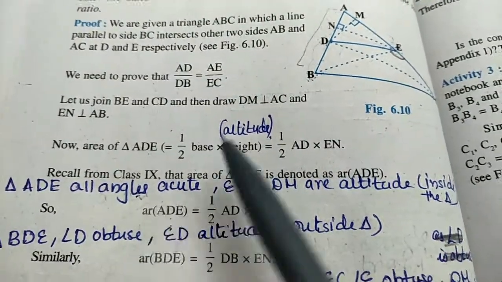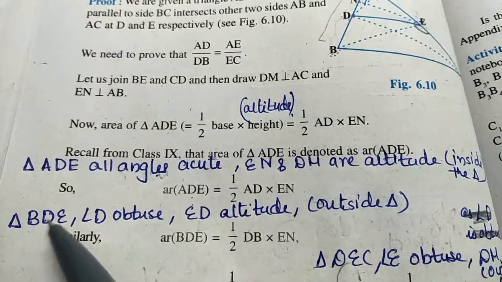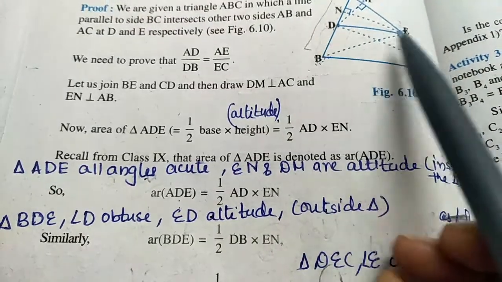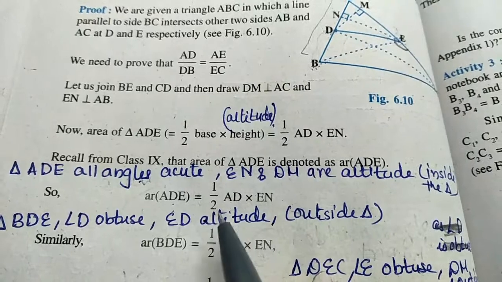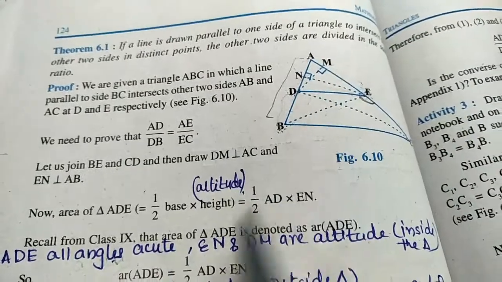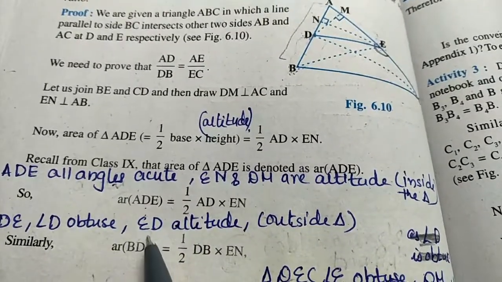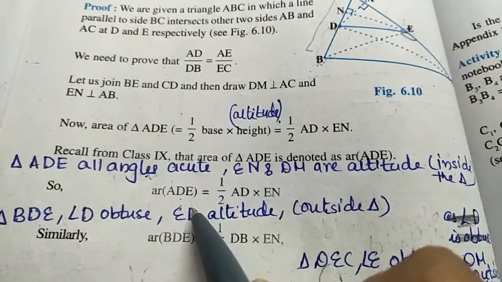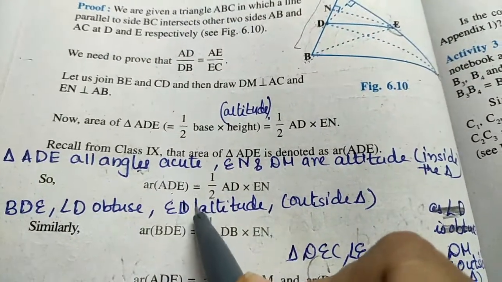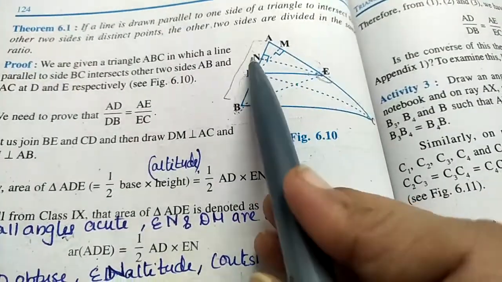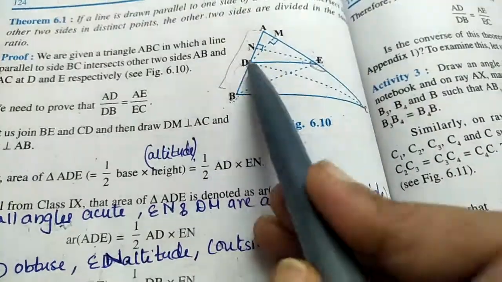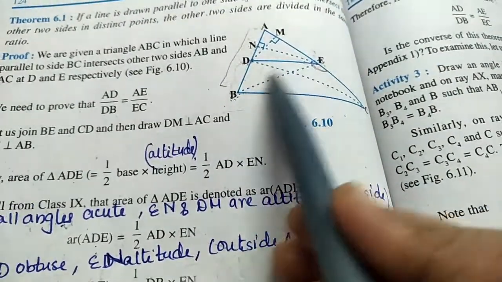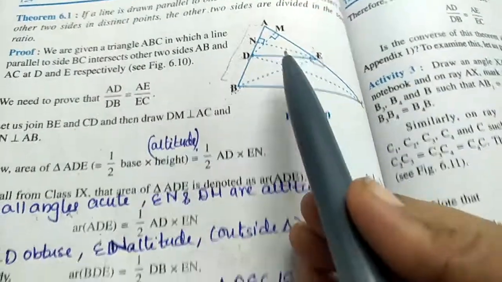Now if you see the next triangle, triangle BDE, here this is an obtuse angle. Whenever you have an obtuse angle triangle, the altitude EN, you can see here, is outside the triangle BDE. This is the triangle and the altitude is outside.